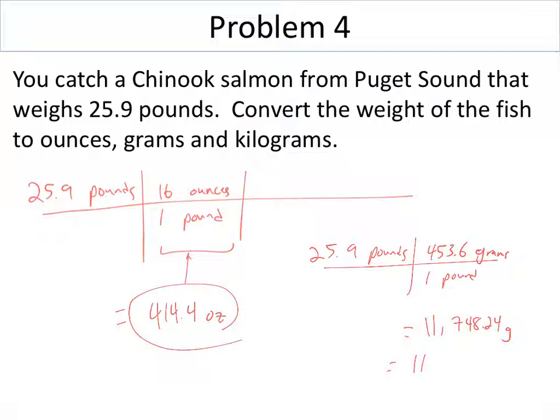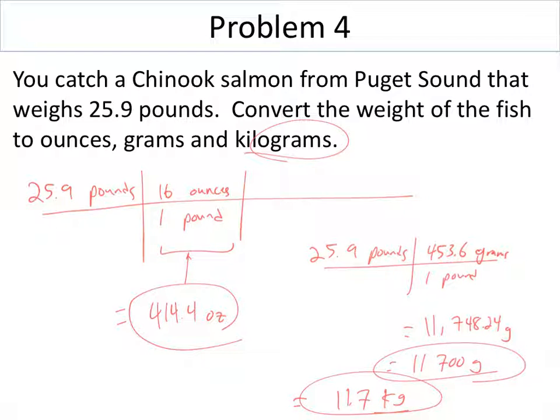So that's 11,700 grams to 3 significant figures. To convert to kilograms, I need to divide by 1,000, so that's 11.7 kilograms. So now I've provided all 3 answers, ounces, grams, and kilograms.